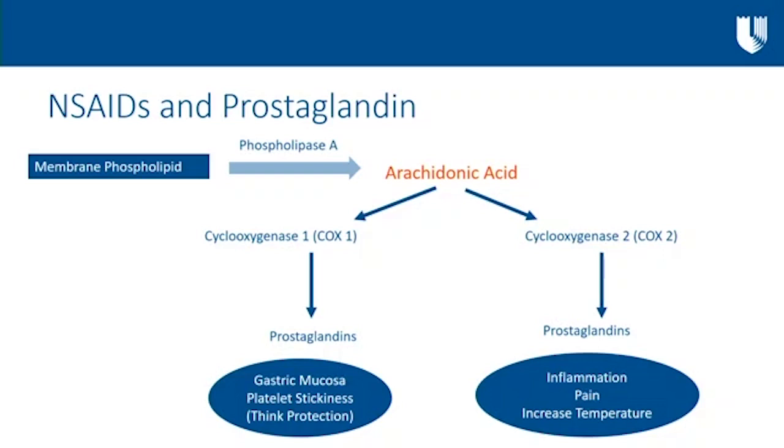What do you think? If I'm blocking cyclooxygenase 1. Bleeding, so one, bleeding. If I'm affecting platelet stickiness, I could be at risk for bleeding. Damage to the stomach, damage to the gastric mucosa, so increased risk of gastric ulcers. Absolutely. So what do you think the main side effects we're going to worry about from NSAID use are?